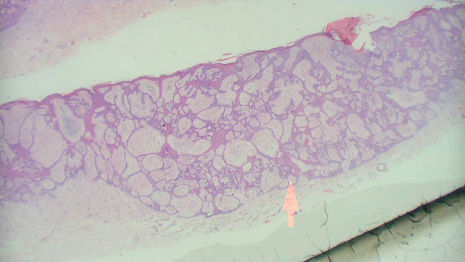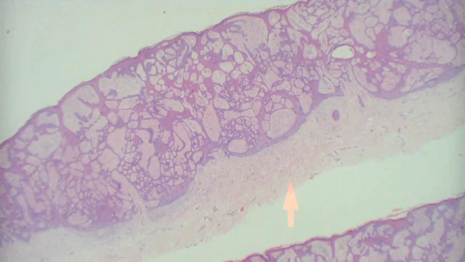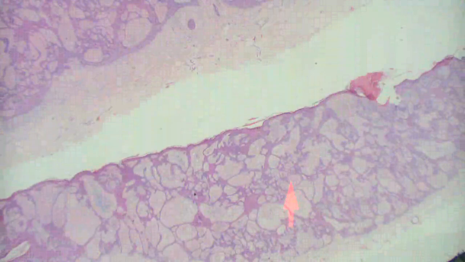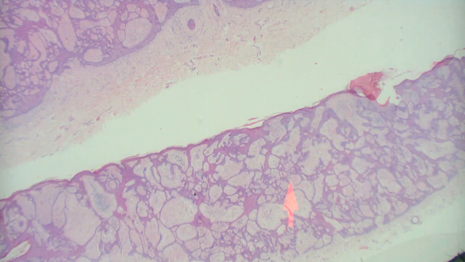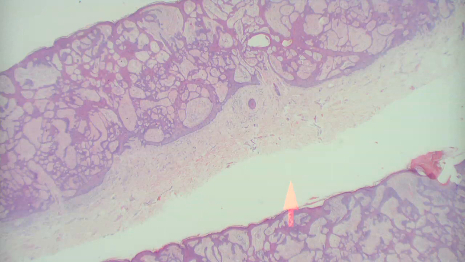There's a syndrome that can be associated with syringofibroadenomatous proliferation. Schöpf-Schulz-Passarge syndrome is one of the hidrotic ectodermal dysplasia syndromes. It looks like a keratoderma. They get palmoplantar erythema, and you biopsy it and it shows syringofibroadenomatous change.